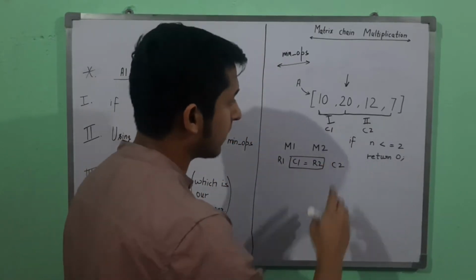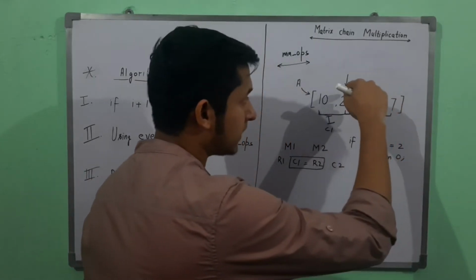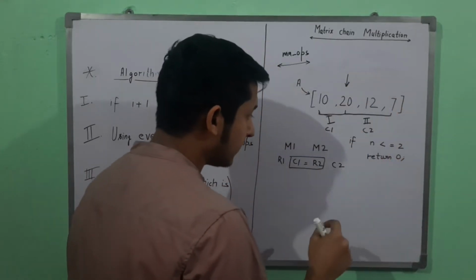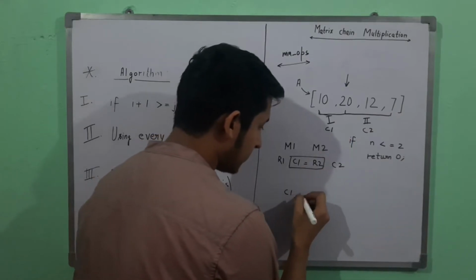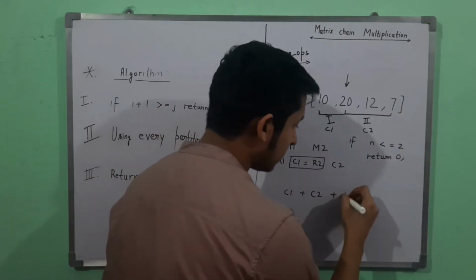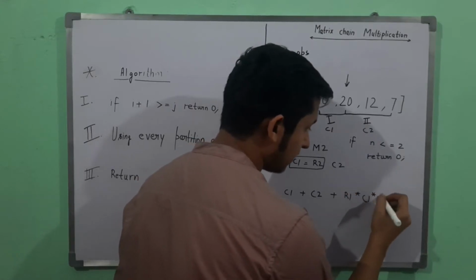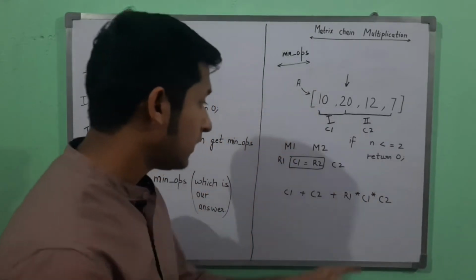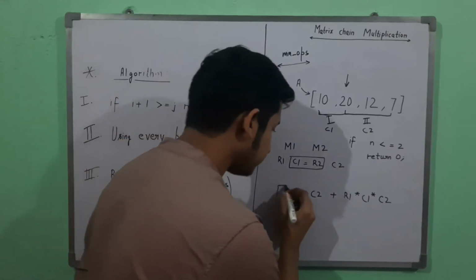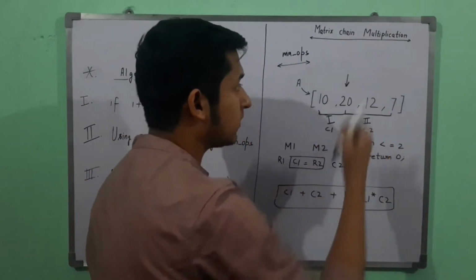Now after calculating this cost and this cost, for this partition my answer will be C1 plus C2 plus R1 into C1 into C2. This is my answer when I'll have a partition at this place.